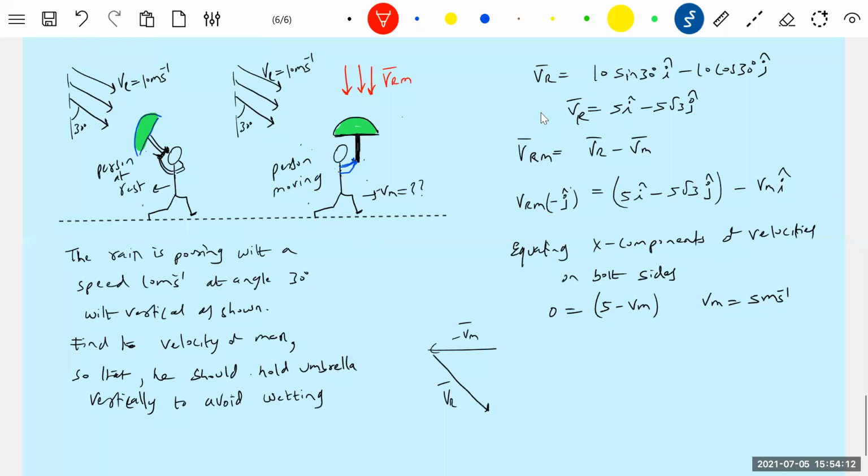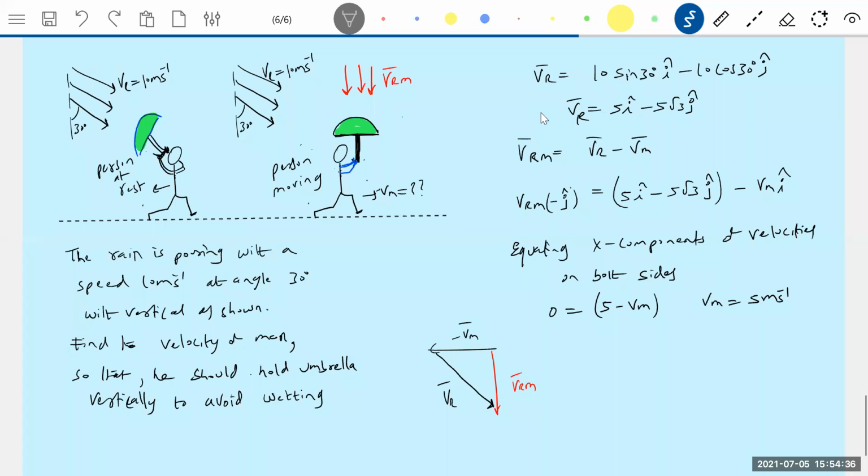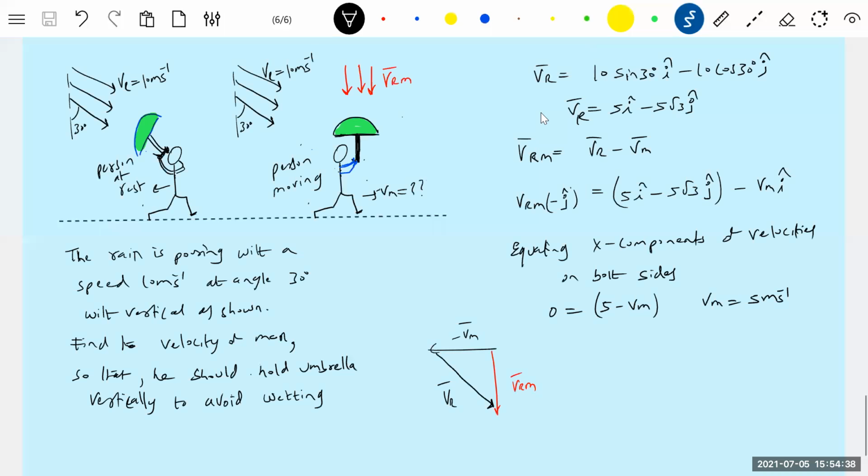The VRM bar has to be directed in this way. Look at it now. Possible, no? So you may get questions of this kind also. It's not that it's something straightaway.